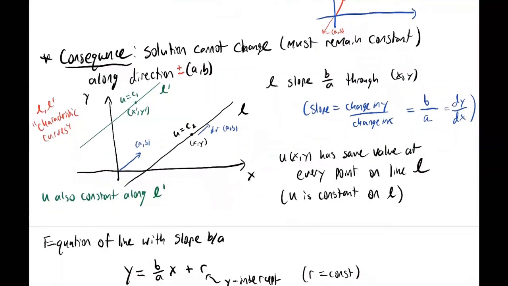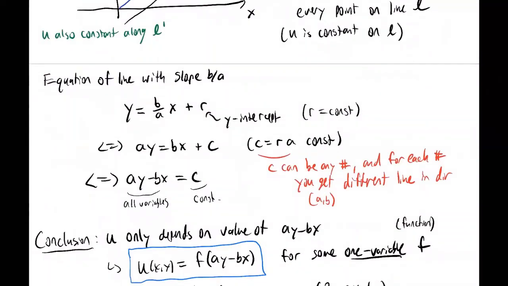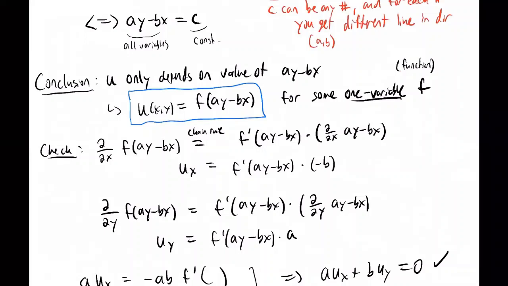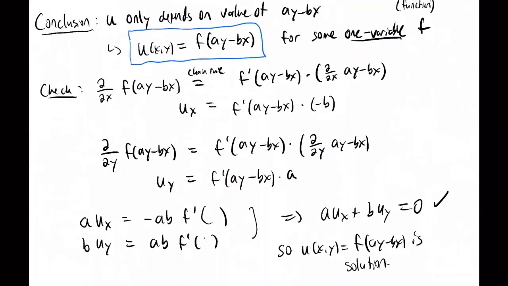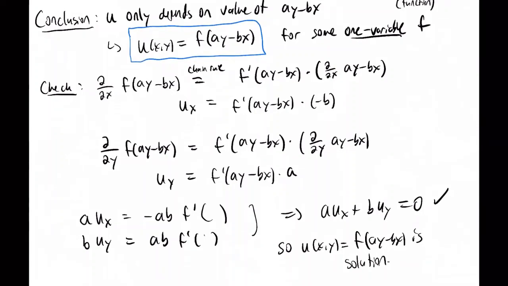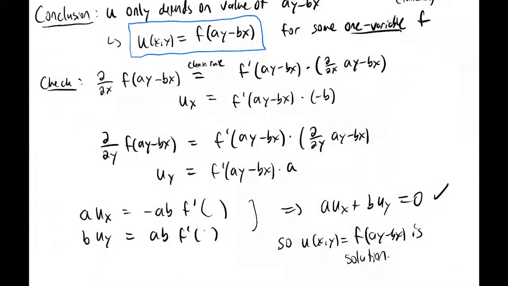At this point, after I just said that, you may object: well, what is f? It turns out that f here can be anything, as long as it's differentiable. The argument I just did will work for any function, so any choice of f will solve the PDE.